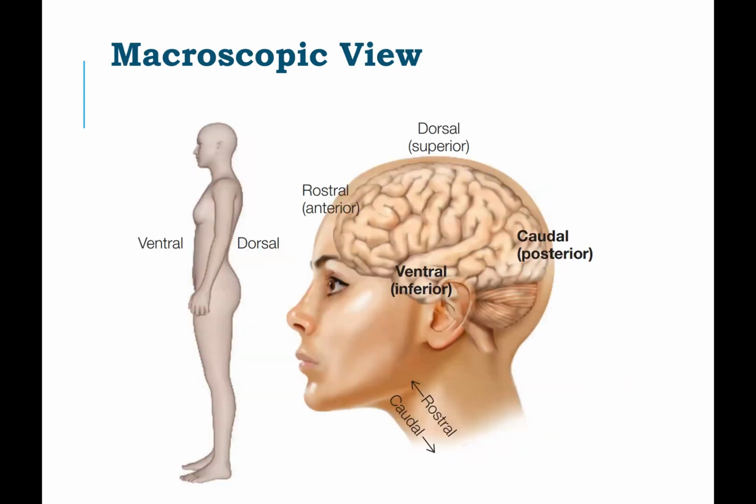So again, you're going to get a more in-depth view of this from Ellen, but I'm just going to say this is a macroscopic view of the brain. These terms, again, in this course we're not going to worry about, about how you describe different parts of the brain and whatnot. It's just good to know the basics.